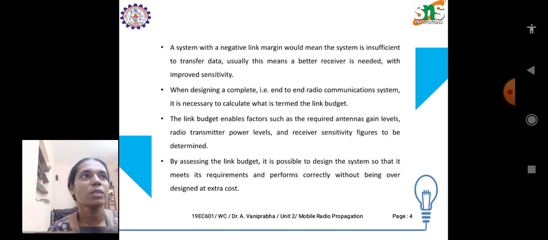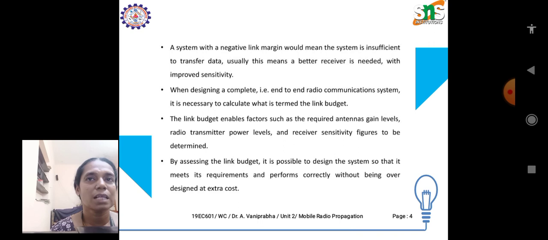A system with a negative link margin would mean the system is insufficient to transfer data. That is, if the link margin is above zero or some minimum value, then there is a good transfer of waves from transmitter to receiver without any loss.